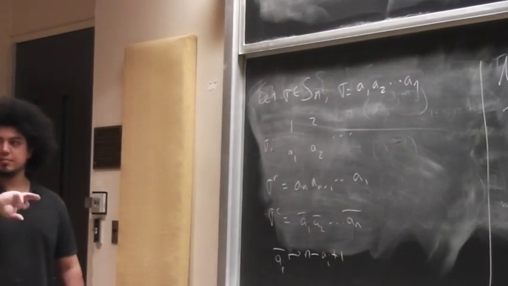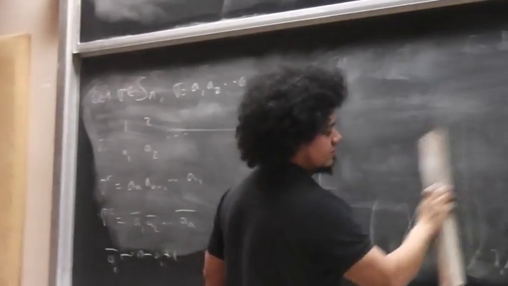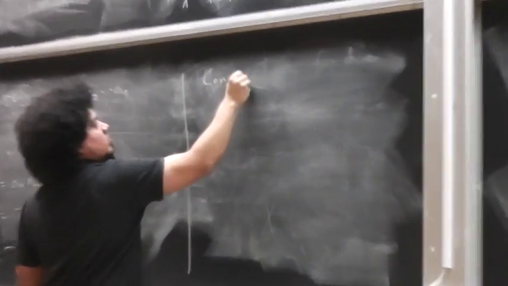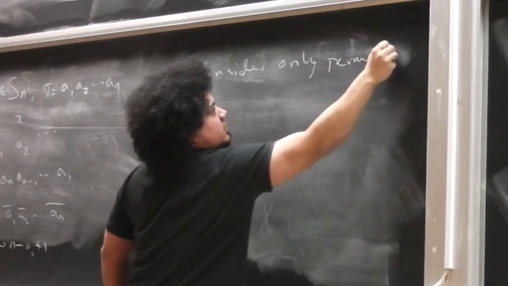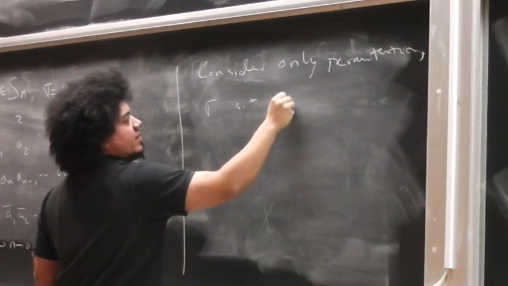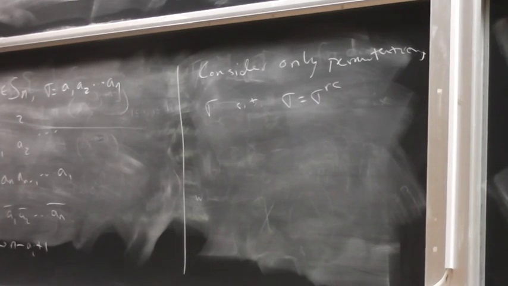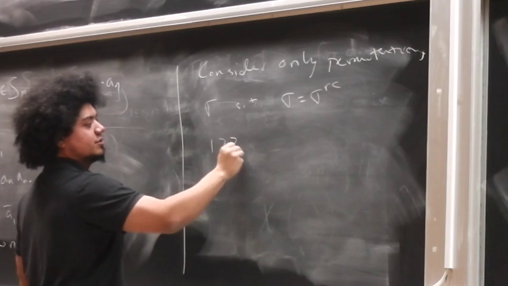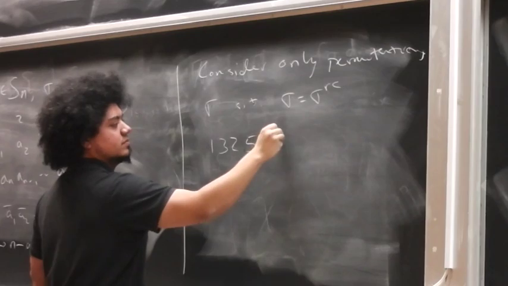So it's what you think it would be. Great. Now, take all the permutations. So consider only permutations sigma such that they are invariant under the reverse complement map, so compose them. Okay. An example of this is 1, 3, 2, and then this would be 5, 4, 6.